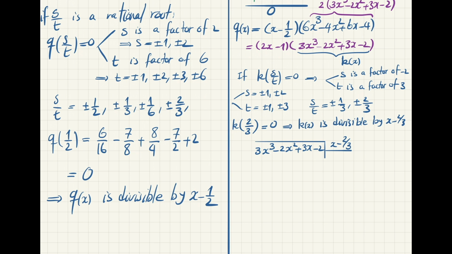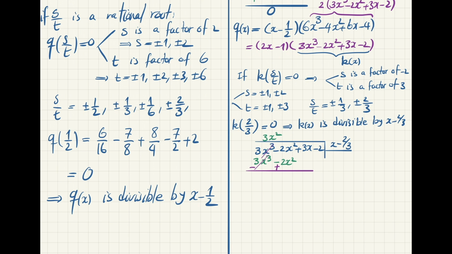The first term becomes 3x squared. When I multiply it, it becomes 3x cubed, and then it becomes minus 2x squared. Now I change the signs, and then I add them.